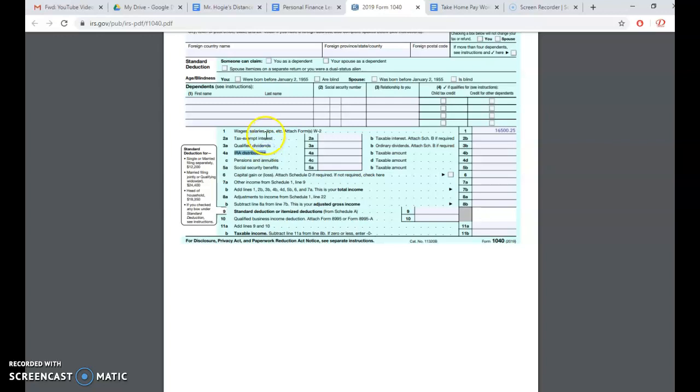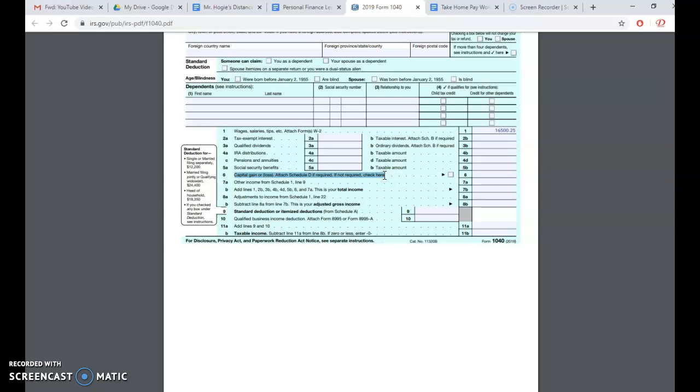Most of you are going to be able to skip a lot of these. Pensions and annuities is again if you're retired, or if you had someone who was retired and you're receiving a benefit on their behalf. Social Security benefits would go in here if you are receiving that benefit. And then we go to capital gain or loss. This is if you have different funds that are making money.